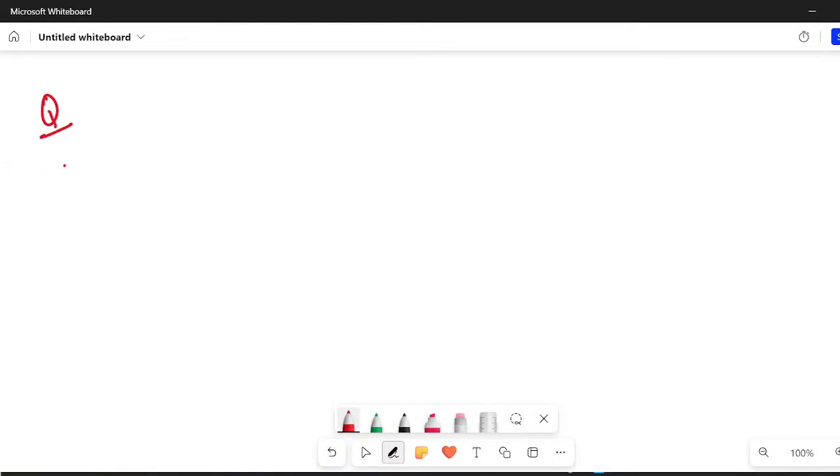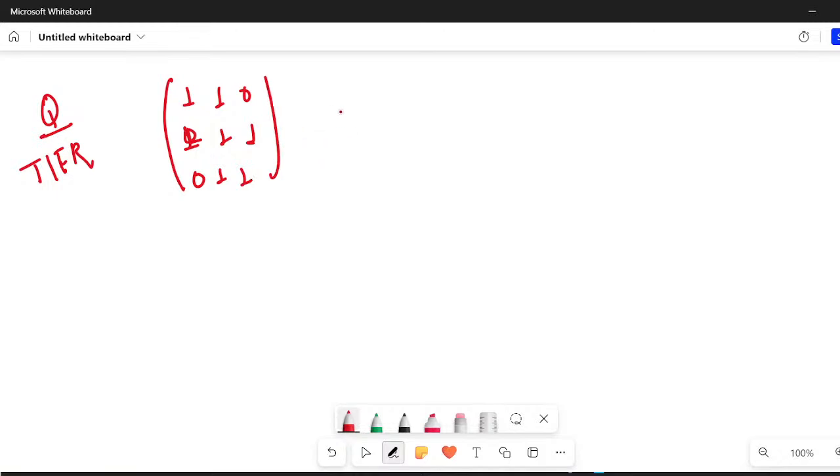The question from TIFR says that this is the matrix given to you: 1, 1, 0, 1, 1, 1, and here you have 0, 1, 1. It is related by similarity transformation to which of the following matrices?